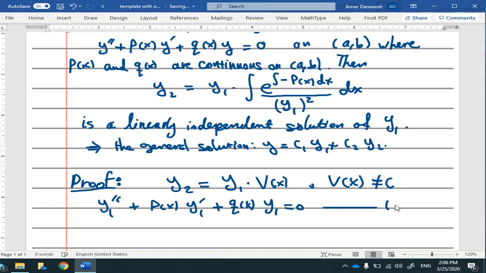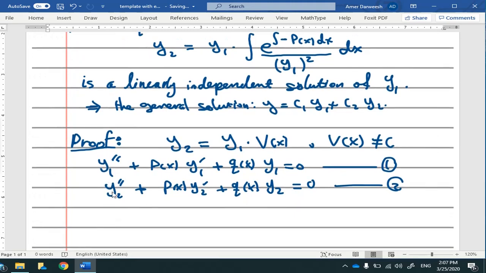This is equation number 1. And also I have y2 double prime plus p(x) y2 prime plus q(x) y2 equals 0. This is number 2. So we have two solutions satisfying the equation, equation number 1 and equation number 2.